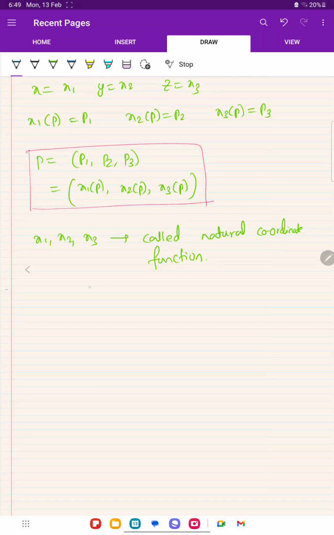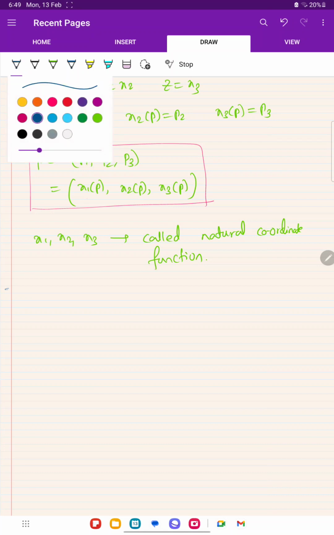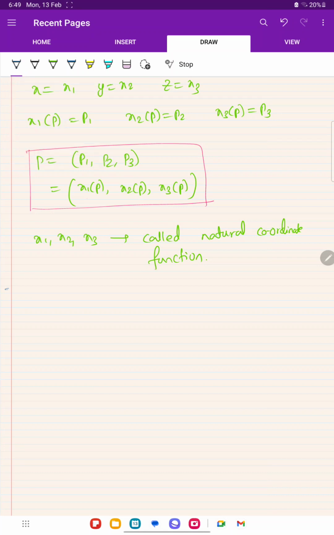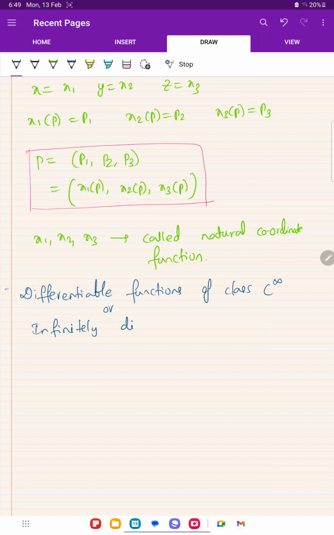Now let's move on to the next concept, which is differentiable functions of class C infinity, also called infinitely differentiable functions.